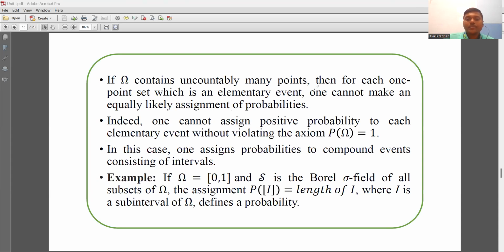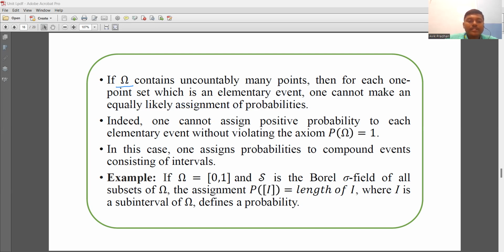Let us consider an example where the set of all possible outcomes is an uncountable set. So we are considering omega, where uncountably many points are there. For each one-point set, which is an elementary or simple event, in that case we cannot use the concept of equally likely assignment of probability.